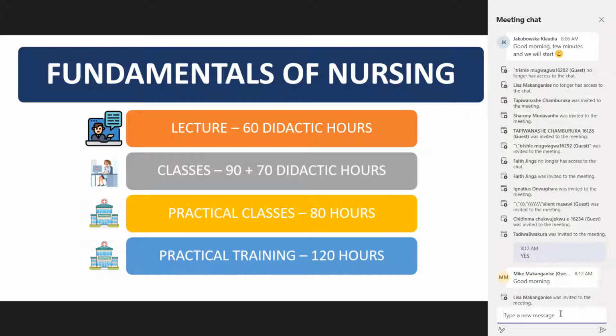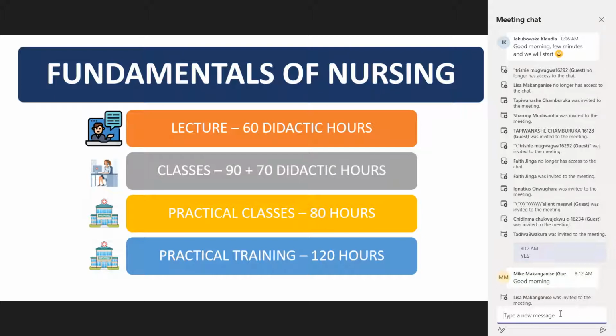Classes in the first semester are 90 didactic hours with your teacher on laboratory skills. In the second semester you have 70 didactic hours, also on laboratory skills.